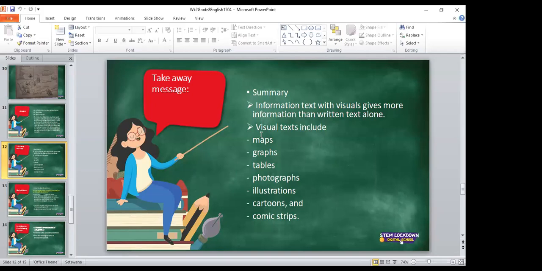They can put a table showing a relationship between something, statistics or something, and ask you questions on that. They may put a photograph of something and ask you questions on that. There are usually questions about those cartoon strips that we see in magazines. There are also questions about comic strips, and all these things.